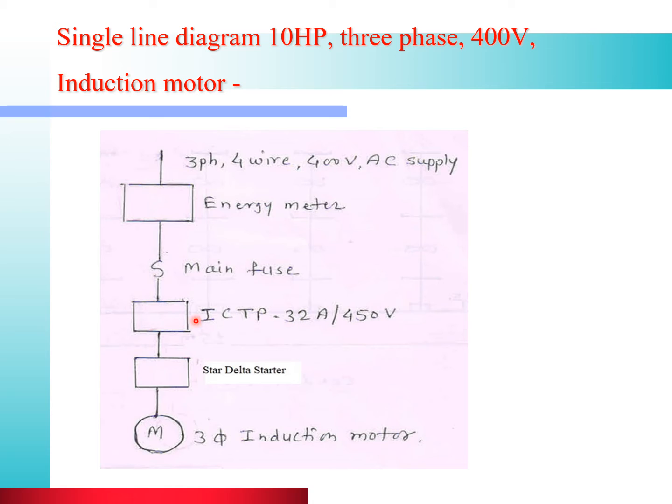This will be calculated depending upon the motor rating. It may vary. Then for starting the motor, a star delta starter is used because this is the induction motor. Then the motor symbol is given by this round circle. In between, capital M is written. It indicates the 3-phase induction motor.